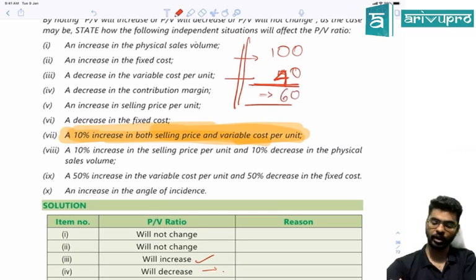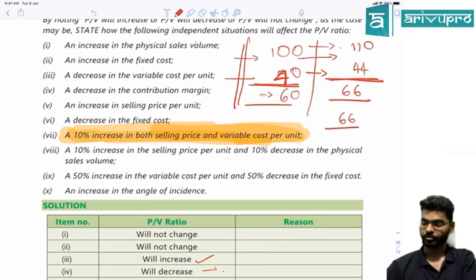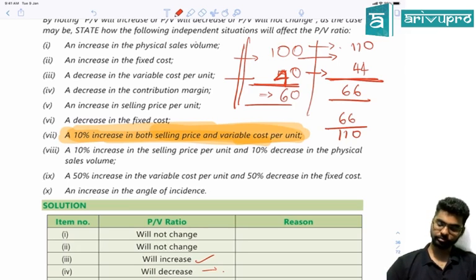That will be 110. Variable cost increased by 10%. 44. PV ratio 66. 66 divided by 110. So, like you said, there will not be any change.